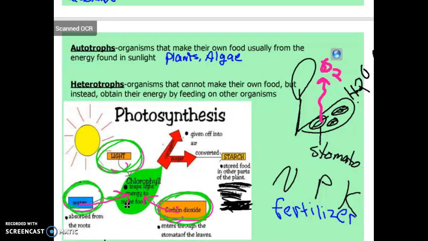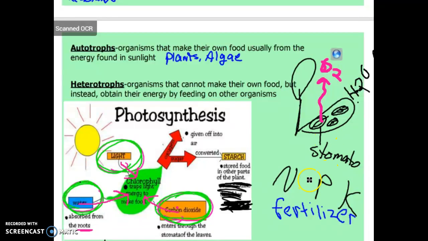The water goes in down from the roots and then gets carried up through the tissues into the leaves. And of course, we need sunlight for this process as well. And then in this magical process of photosynthesis, oxygen is produced and given off, and that comes out through the pores, through those stomata, sometimes called stoma.